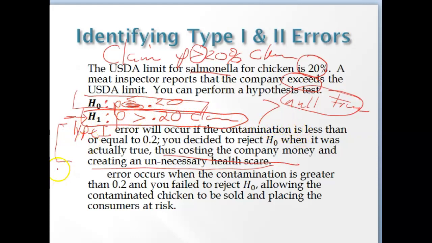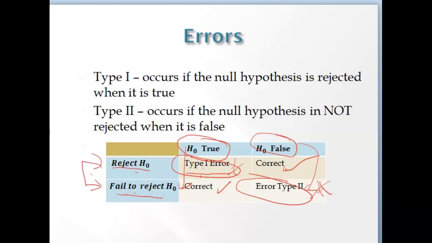Now, type 2, we're not much better here in reference to our error and the problems that it will cause. Now, when the contamination is greater than 0.2 and you fail to reject the null hypothesis. So let's go back to our different types of errors here.